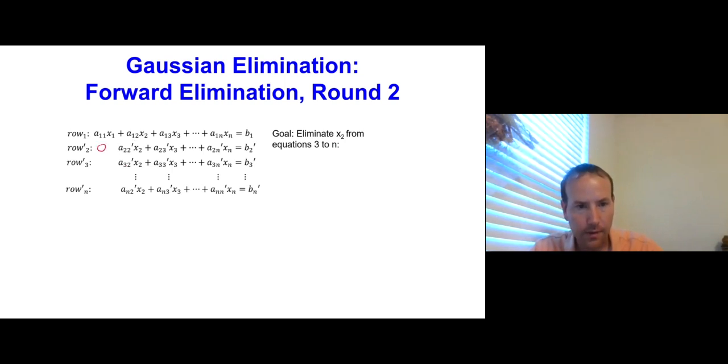We already have a 0 in all these spots from the first round of elimination, and we're going to move the pivot to be the A22 position. Okay, and so this is now our pivot row.